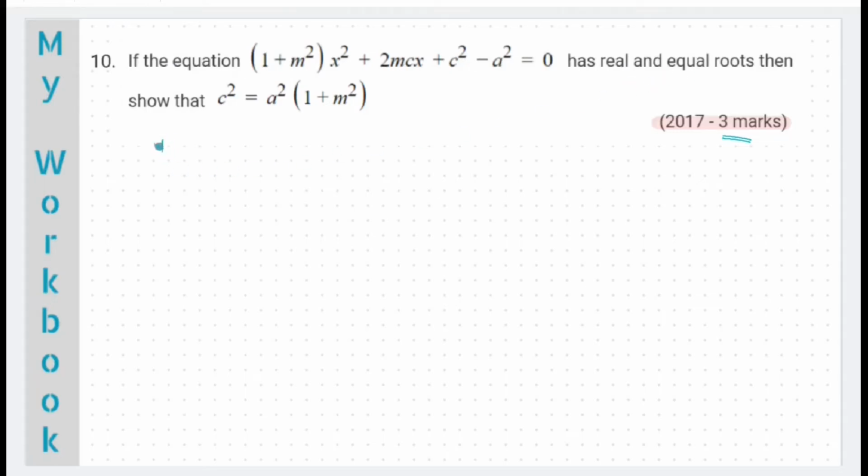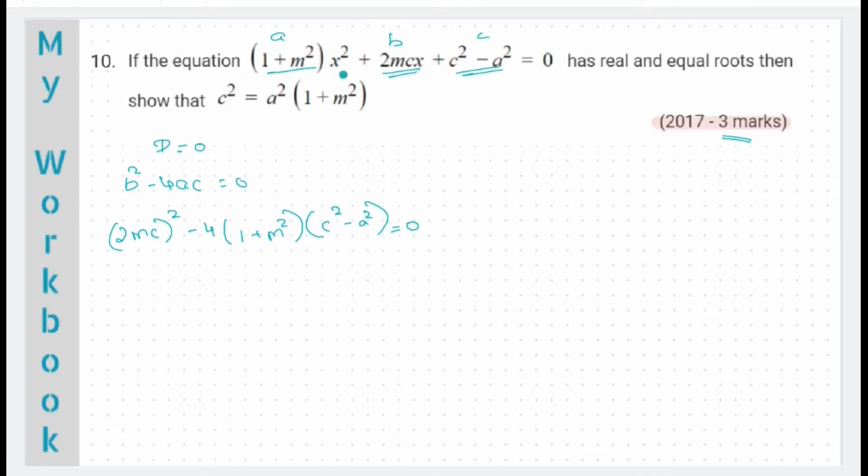So equate the discriminant to 0. Discriminant is b square minus 4ac. B is 2mc. So (2mc) the whole square minus 4 into a, which is (1 + m square), and c, the constant term, is c square minus a square.